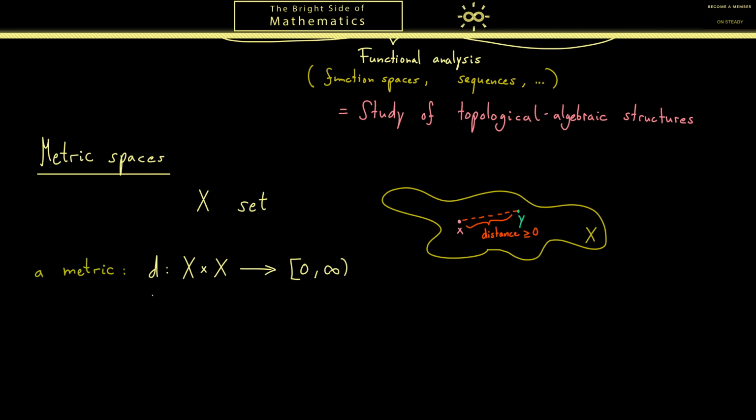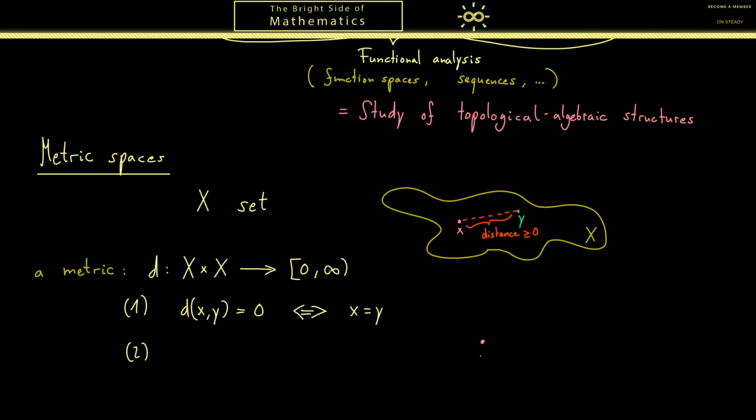Now, such a map we call a metric if it fulfills 3 properties. And the first one we already know. The distance between 2 points is exactly 0 if and only if x is equal to y. The second property is also very descriptive.